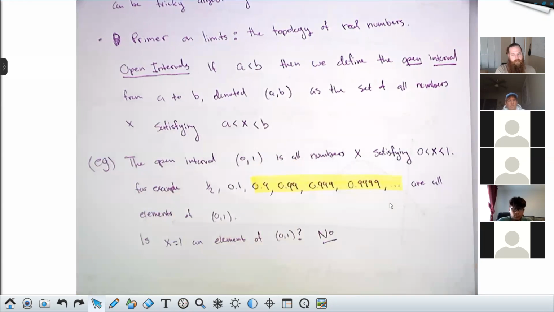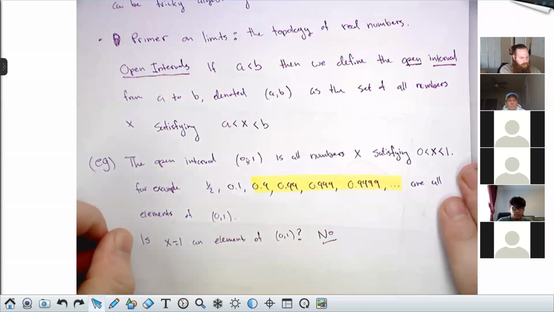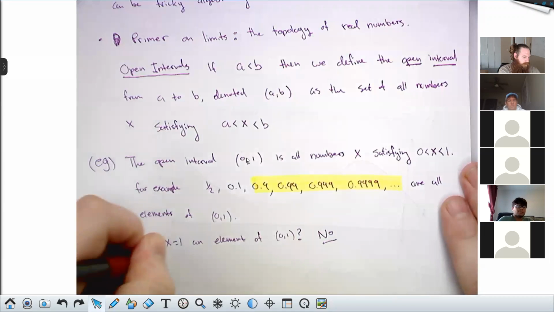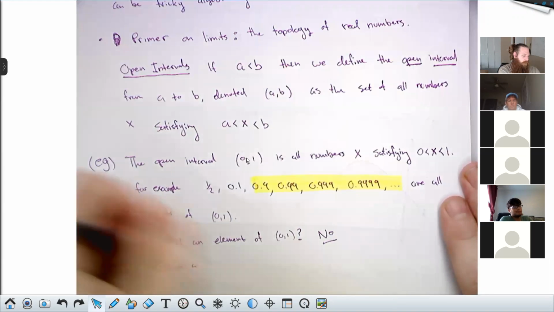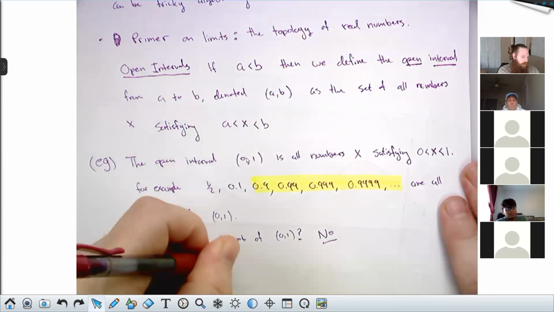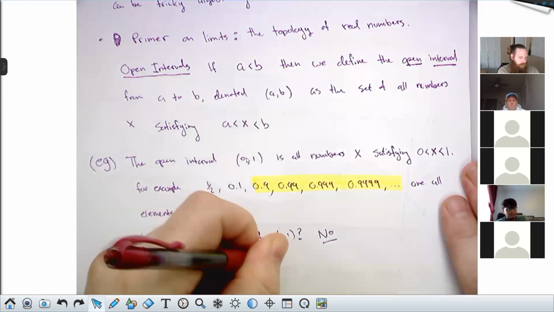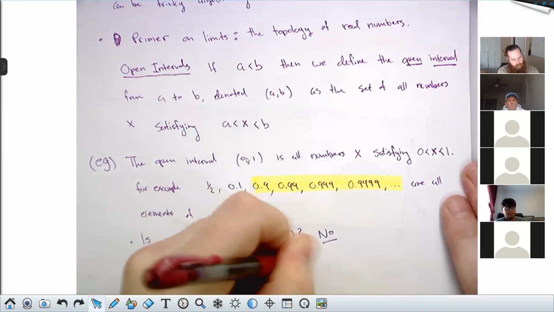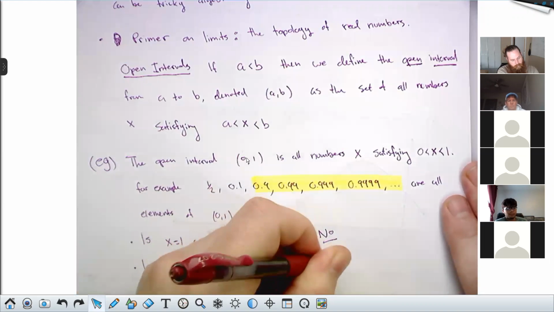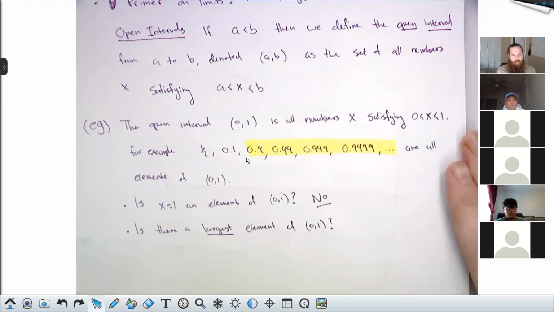Yeah, no, 1 is not in there. So is there a largest number in that set? Is there a biggest number in the open interval from 0 to 1?